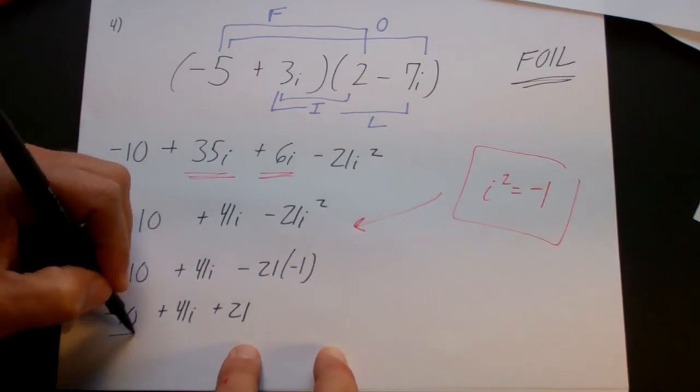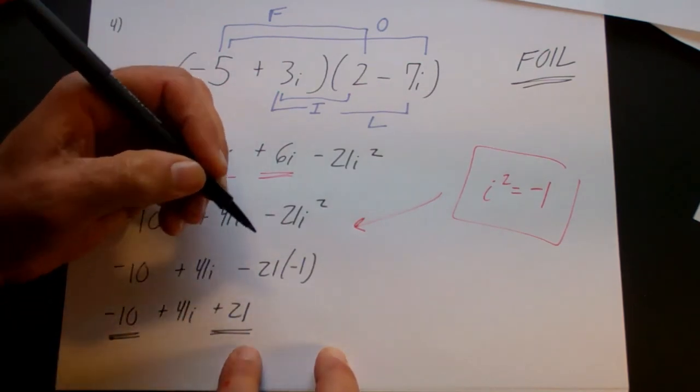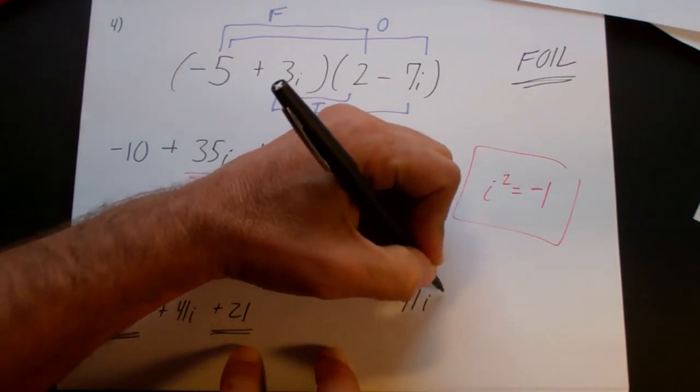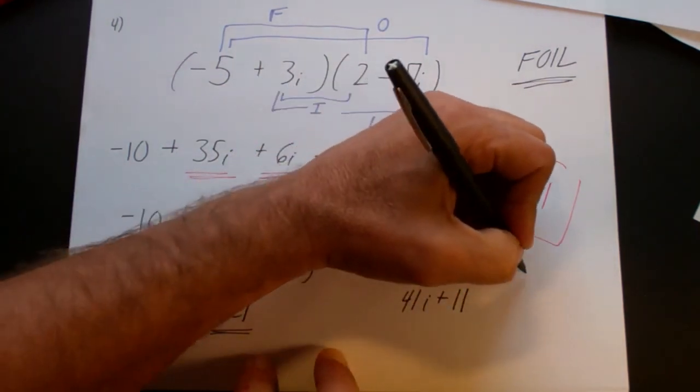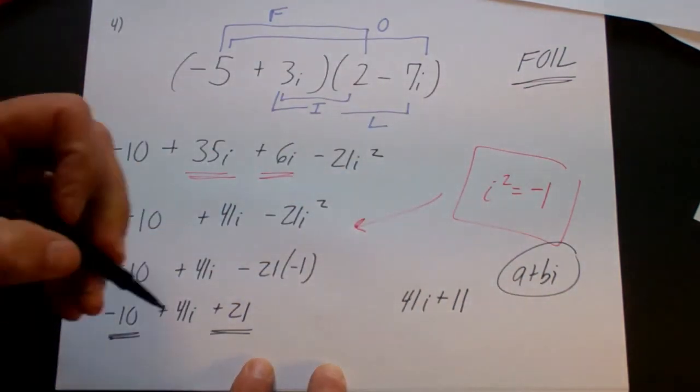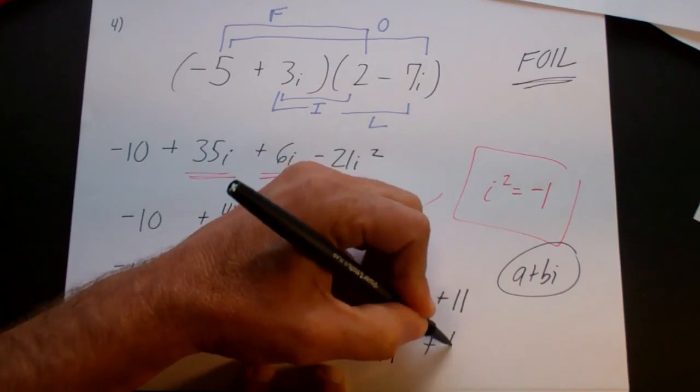Let's see, combine like terms, that's a minus 10 and a positive 21. So 41i plus 11. I like to write it as a plus bi. I like to write the real part first, so my final answer will be 11 plus 41i.